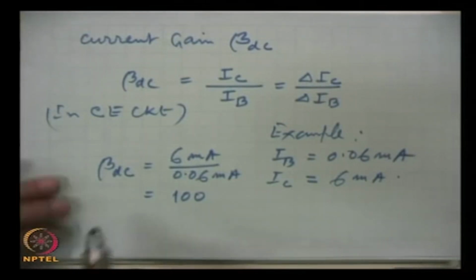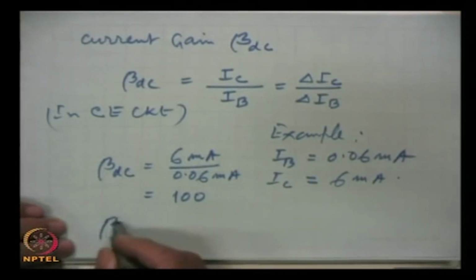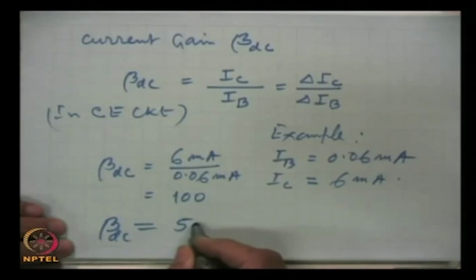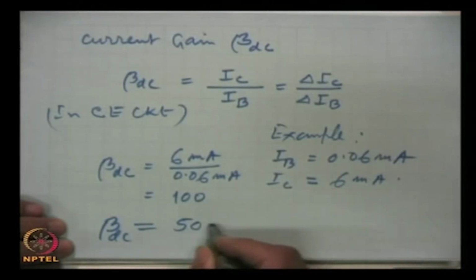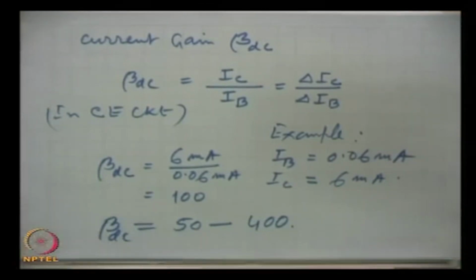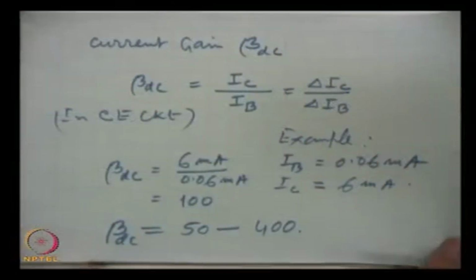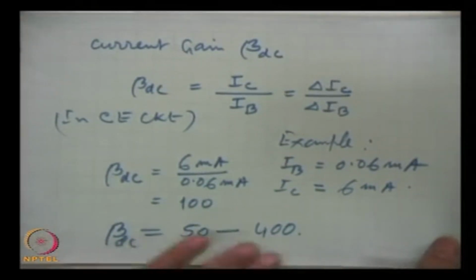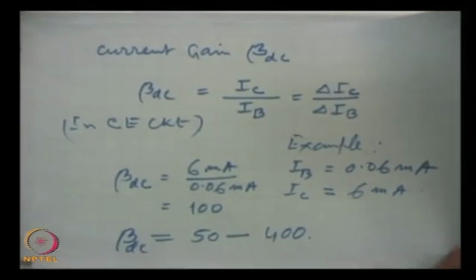So, beta in general varies for all practical transistors in the range say 50 to 400. There is a large number of transistors and they have different parameters. Similarly, this is the value which goes almost in this range.